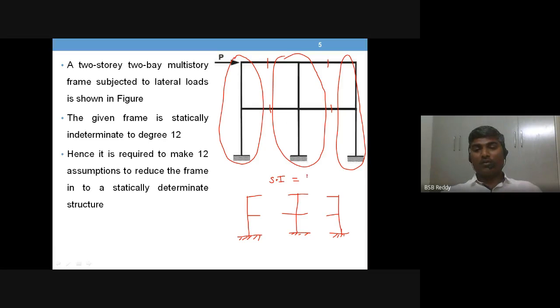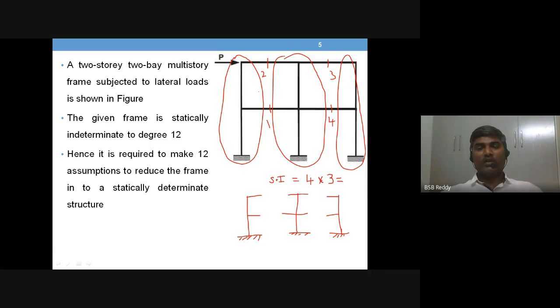So there are 4 cuts required: this is 1, this is 2, and the third one, and the fourth one. Each section that you made here will have 3 internal forces. The maximum possible internal forces are 3: bending moment, shear, and axial.